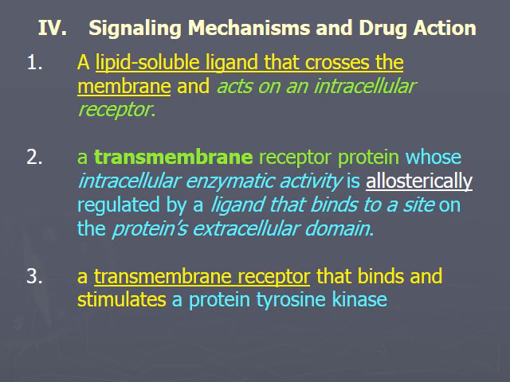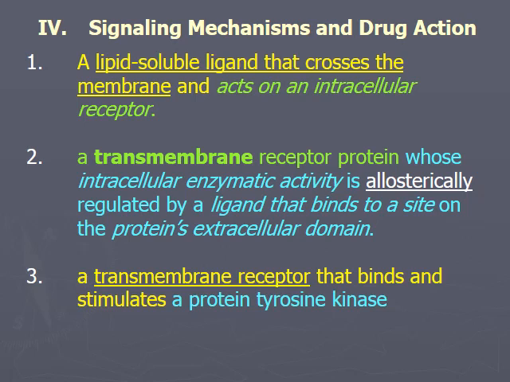And so what kind of enzymes might we see here in these transmembrane receptors that are enzymes? We can see something called receptor tyrosine kinases, receptor serine threonine kinases. We can see receptor guanylyl cyclase.